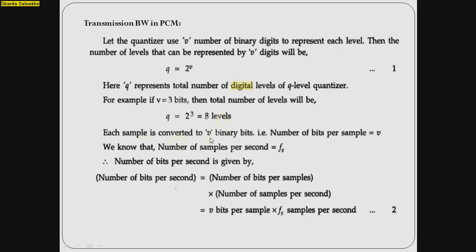Each sample is converted into V binary bits, and the number of bits per sample is equal to V. The number of samples per second is Fs, and the number of bits per second is the number of bits per sample into the number of samples per second, so V bits per sample into Fs samples per second.